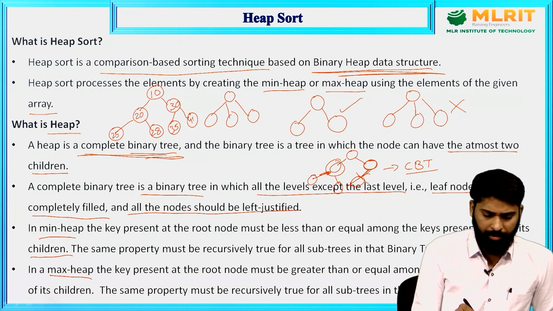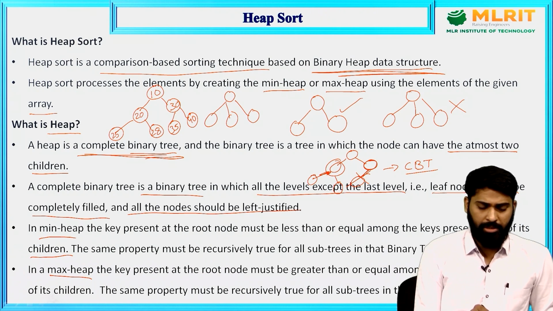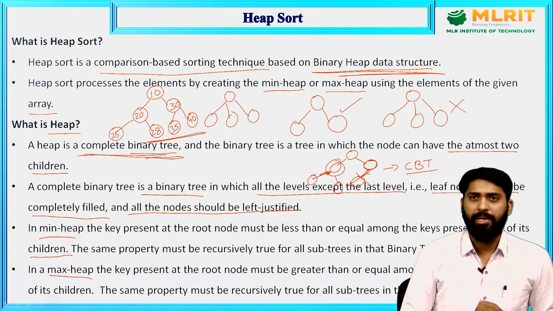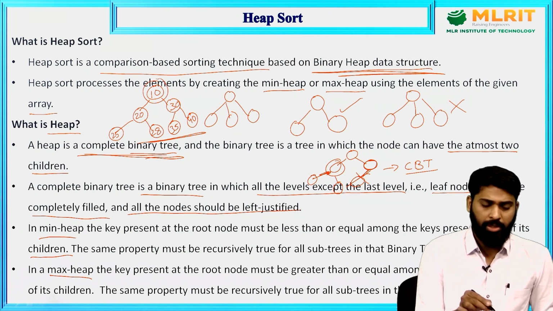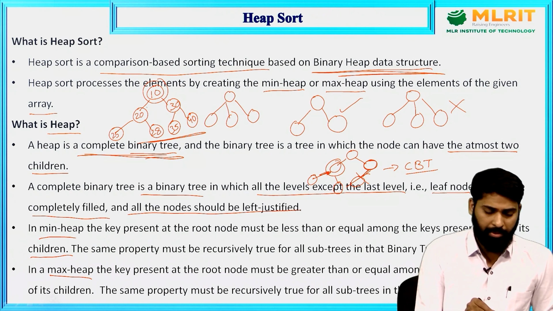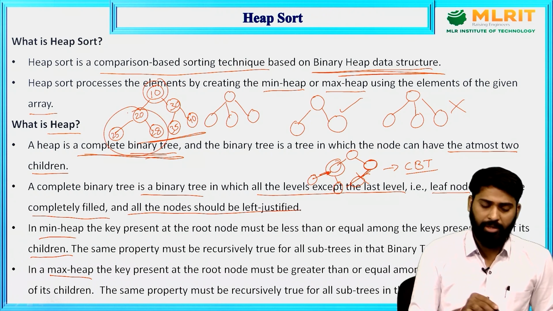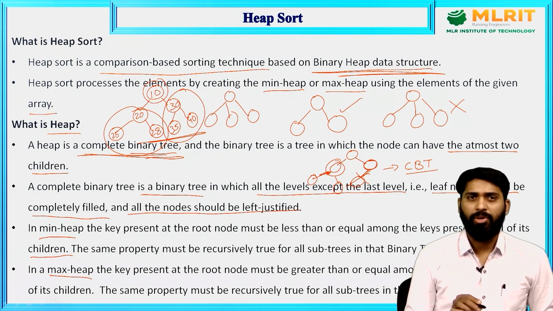And 35, 40: 30 is smaller than 35, 40. So this we call a min heap. What is the min heap property? Always the root is less than or equal to the children, and the same property holds recursively for all the subtrees. Here the subtrees are 20, 25, 28 and 30, 35, 40. In all these cases, the root is smaller than the children. So it is a min heap.